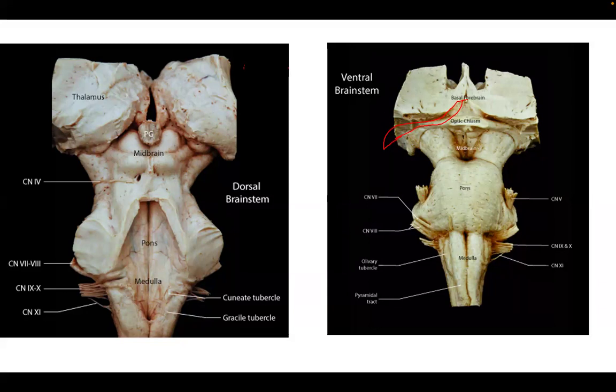So for the pons, again, you have certain nuclei within the pons too. It carries the inferior gaze, the horizontal gaze center. It also carries the motor nucleus of the trigeminal nerve.